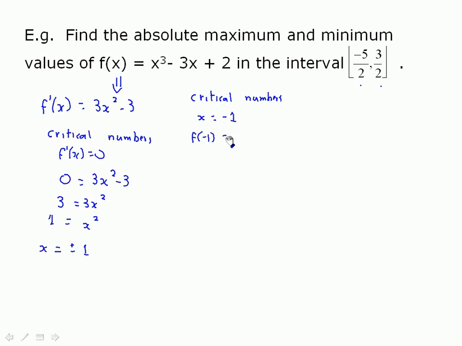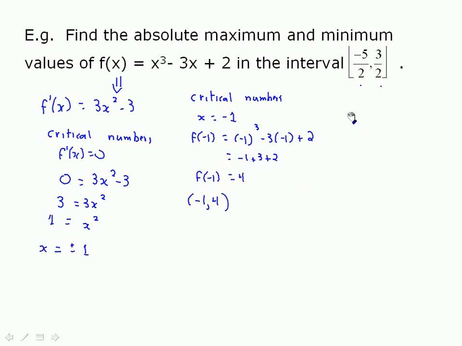So into the original, find out what the corresponding y point is. You can use your calculator pretty easily with these. -1 cubed minus 3 times -1 plus 2. And we should get, I think, 4 for this one. So this is -1 plus 3 plus 2 will give you 4. So f at -1 is equal to 4. So therefore the ordered pair is -1, 4.